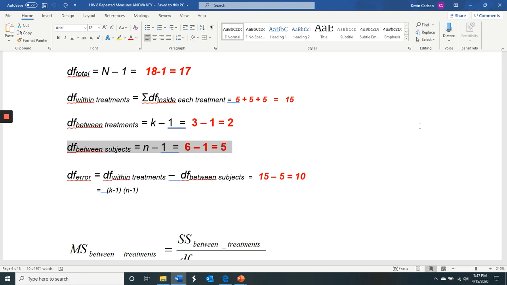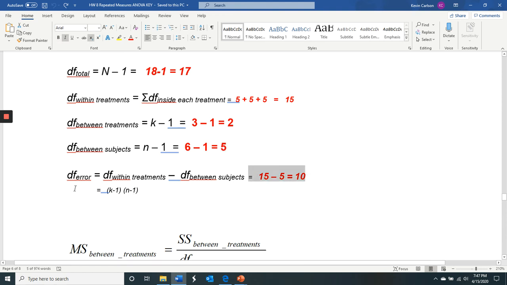And the final thing for the degrees of freedom is we have to find the error. That's always the final thing. So error is always going to be within minus between subjects. So degrees of freedom within minus degrees of freedom between. So within is 15, between is 5. So 15 minus 5 is 10.